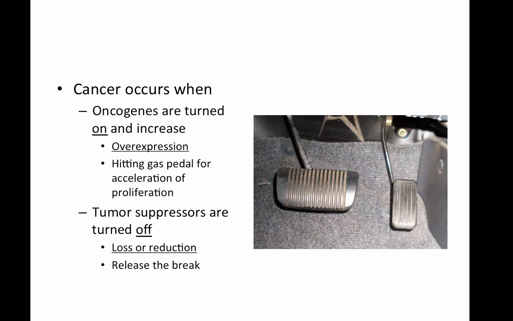However, when cancer occurs, we see mutations occurring in oncogenes and tumor suppressors. So in cancer cells, we see similar oncogenes get turned on. So they get upregulated or they're overexpressed in the cells. And if you look at the gas pedal and the brake pedal here, so the gas pedal is sort of like an oncogene.